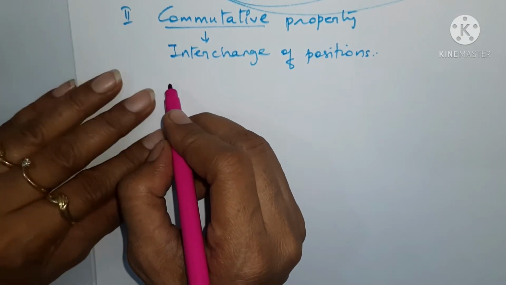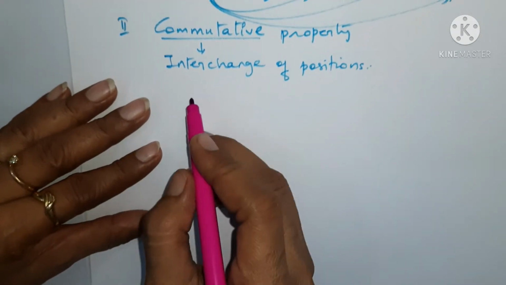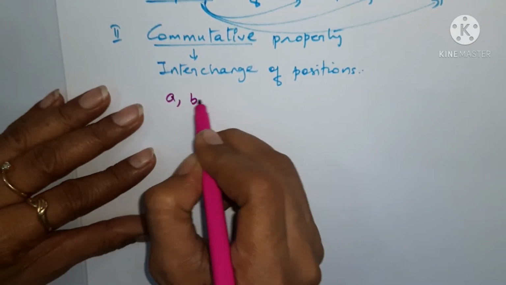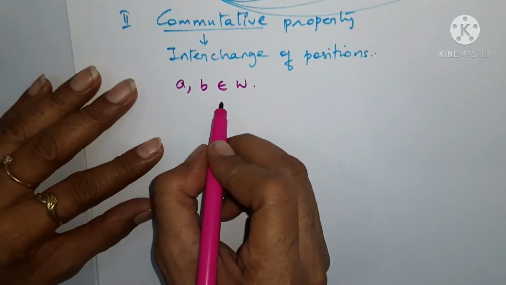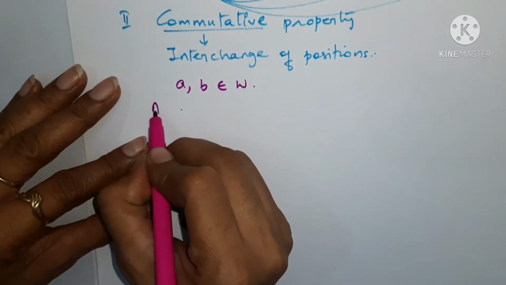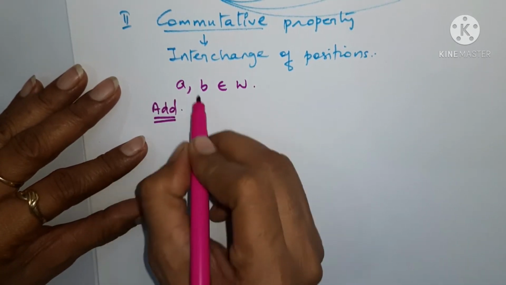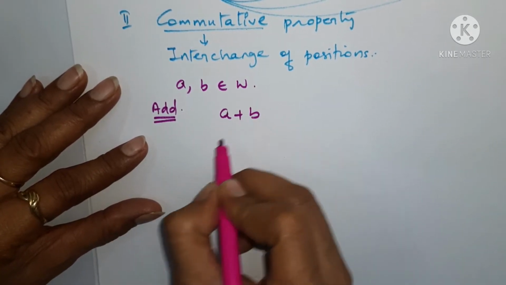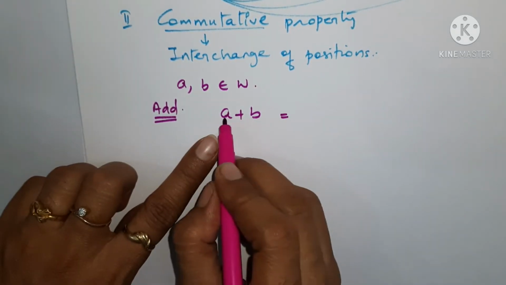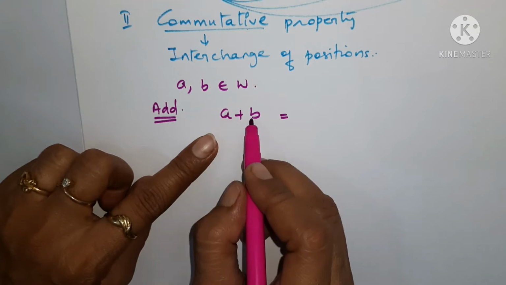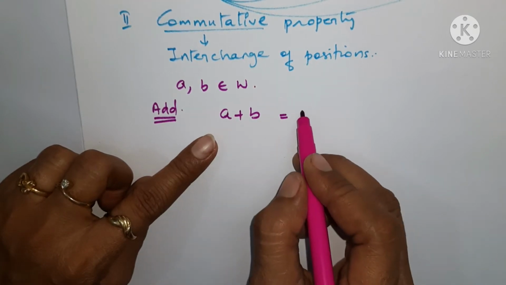So you can take any two numbers from the whole numbers family. Suppose you are taking a and b, and both the numbers are from the whole numbers family. If you add the two numbers, a plus b, you will get a result.